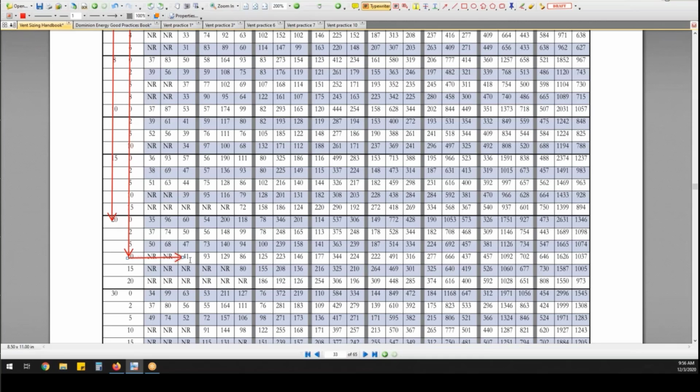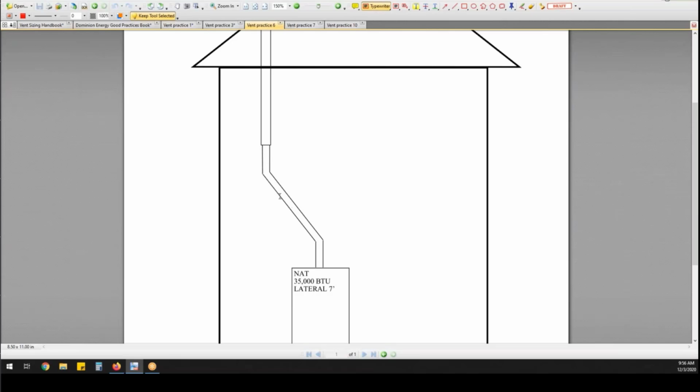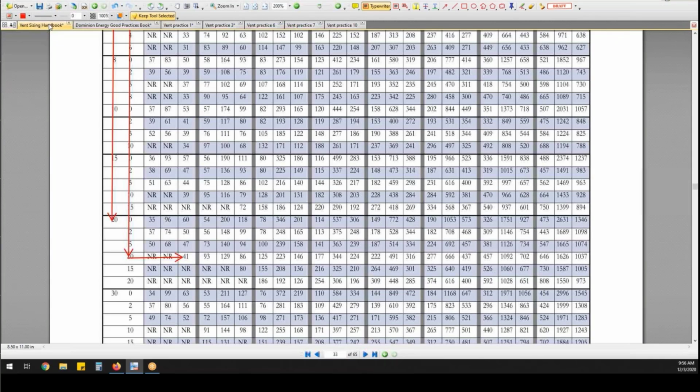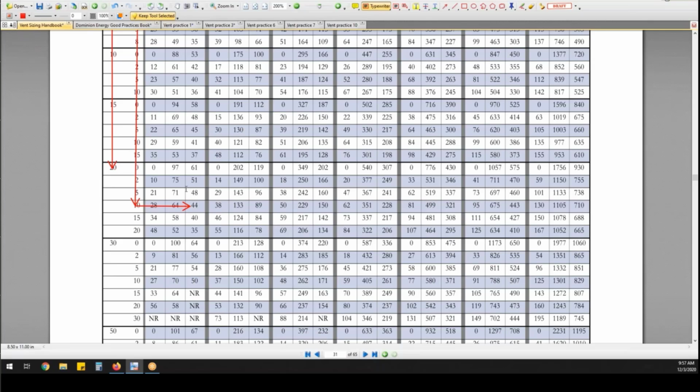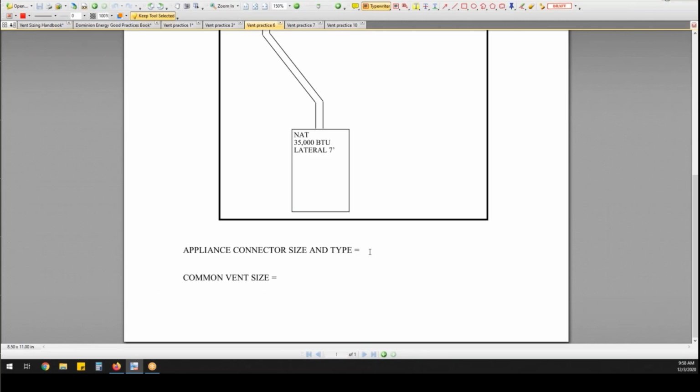So we could change that connector from double wall to single wall and do it in 3-inch. As you spend time looking at the charts, you'll see the shorter the lateral, the more capacity I have. So if I fall in between on laterals, go up, because I know if a 10-foot will work, a 7-foot's going to work.